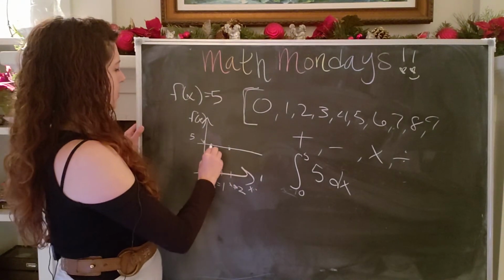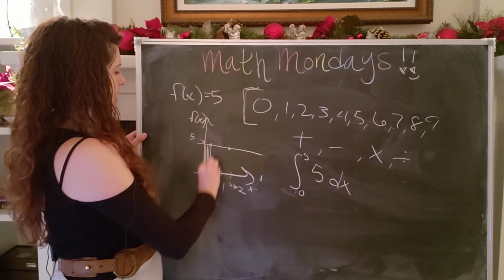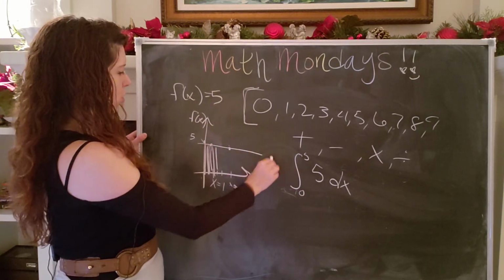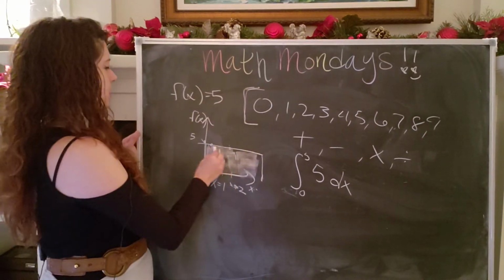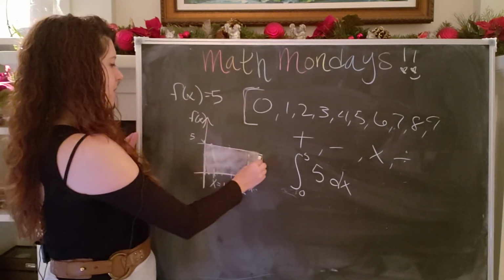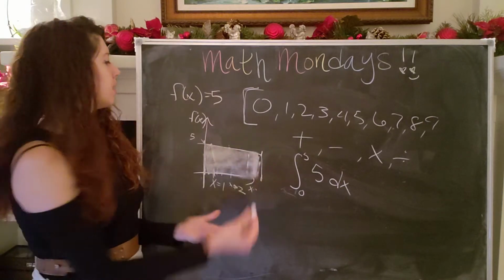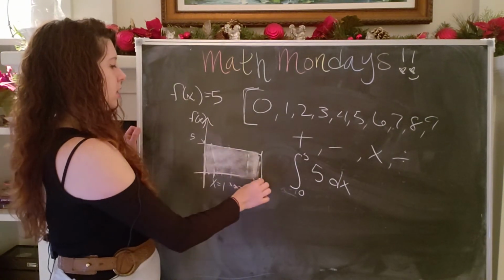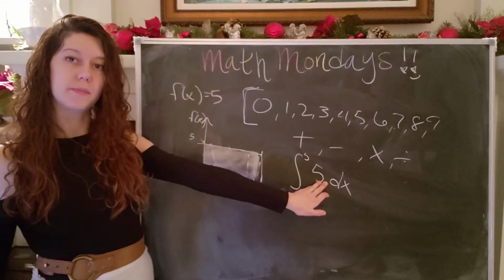And so basically what we do is we add up all of these little teeny tiny amounts all the way up until x equals 5. And since this is continuous, meaning that it's every number between 0 and 5, we're saying, okay, what is the sum from x equals 0 to x equals 5 of this function?